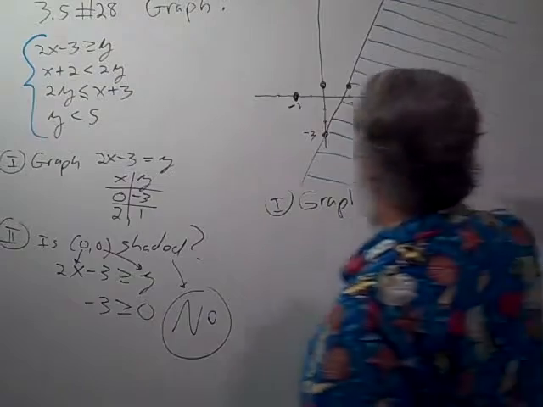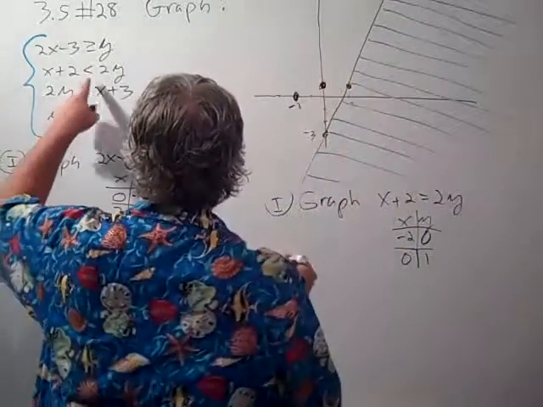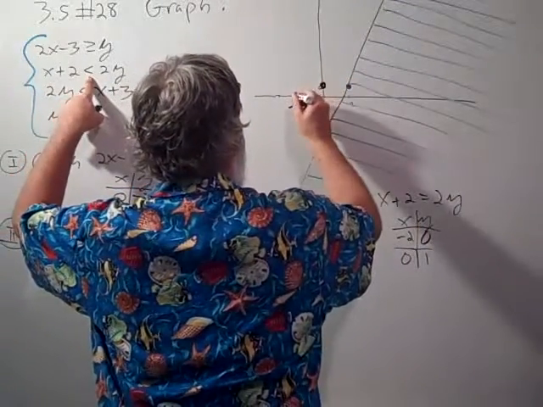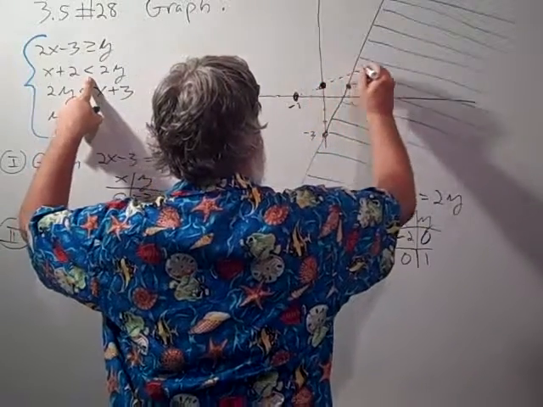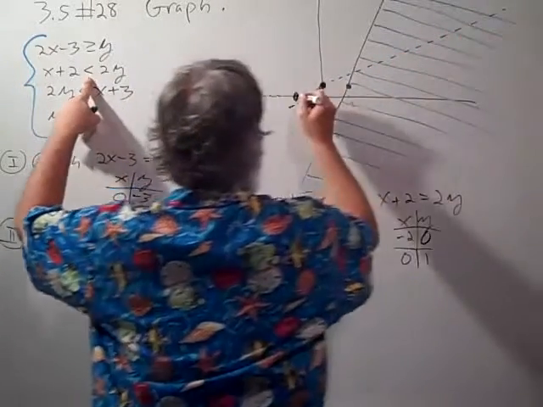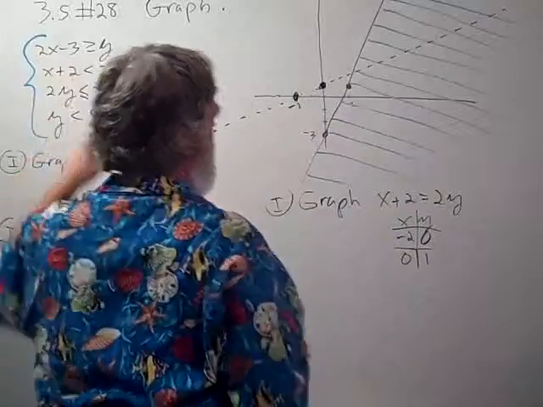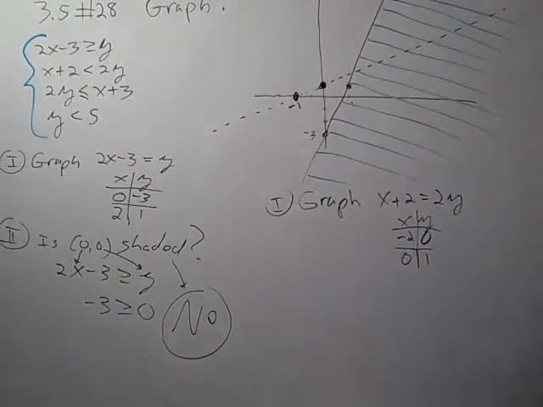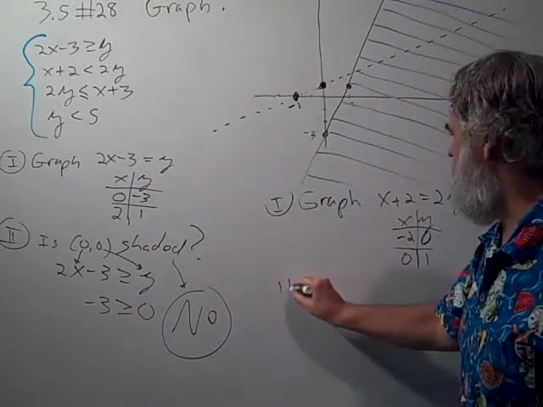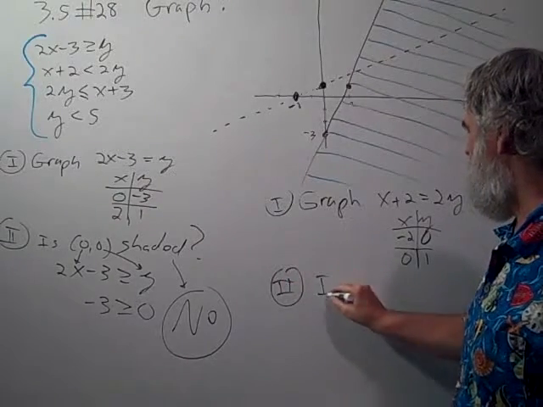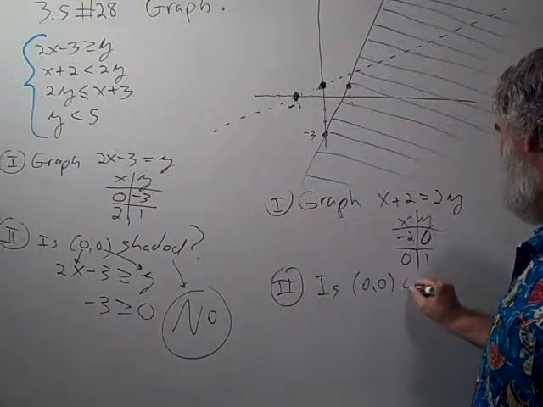So this line, which is going to be a dashed line now because it's a strict inequality, is the line through these 2 points. And now we have to decide which side of that line to shade. So we ask, is the origin shaded?